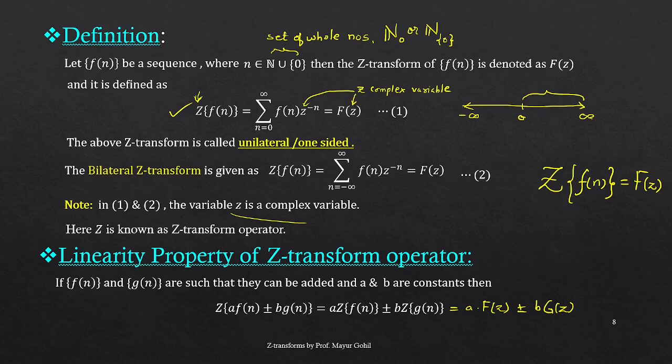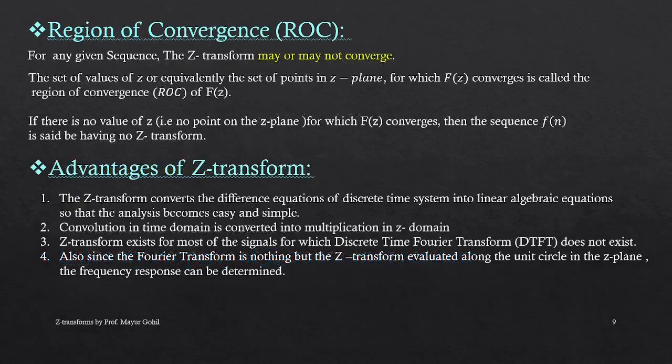Now let us go to the important part after this, that is region of convergence. Now when we saw the prerequisite formulas, 1 upon 1 minus z is the same as the summation of z raised to r, running from 0 to infinity, and there was a condition over here.